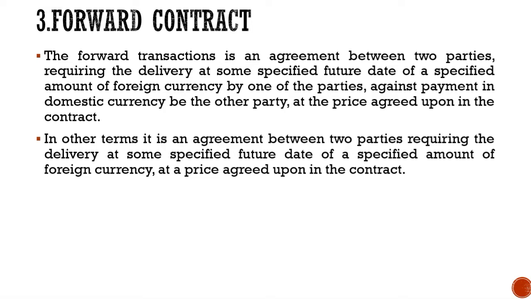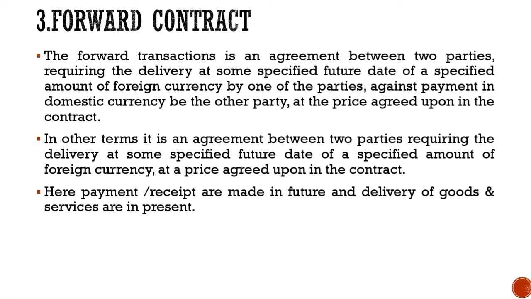Now this is similar to your future contract. However, here the rates are decided as per the forward market rates. Here again, the delivery will be made at present. However, the payment will be made in future at some specified date at a specified rate.